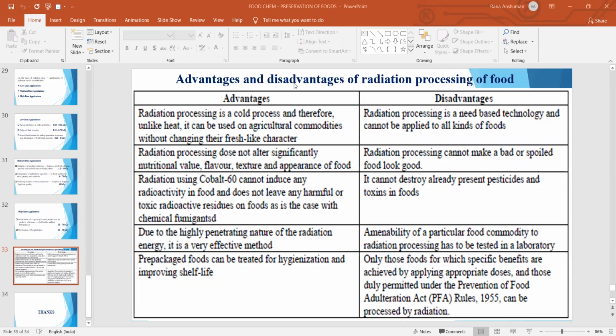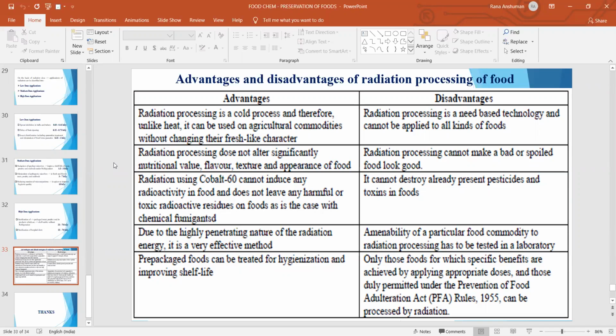Radiation using cobalt-60 cannot induce any radioactivity in food and does not leave any harmful or toxic radioactive residues on foods, as is the case with chemical fumigants. But it cannot destroy pesticides and toxins already present in the food.